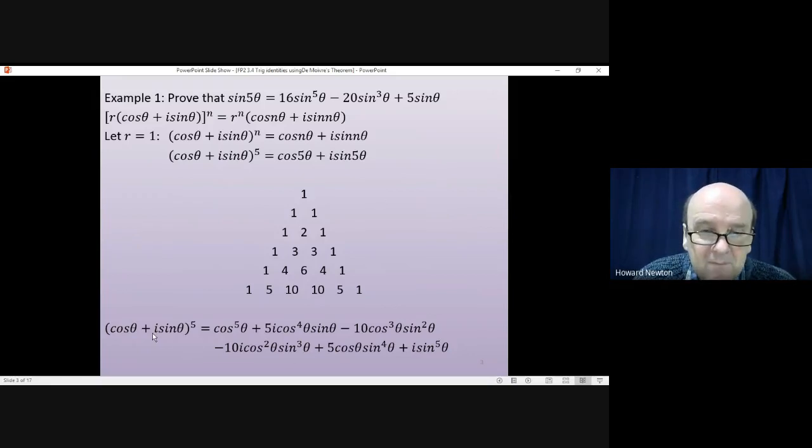So when we have sine squared, for instance, we'll actually have i squared sine squared, which is why we get this minus here, when i squared is minus 1. When we have sine to the 4, we'll actually have i to the power of 4 sine to the 4 theta. And i to the power of 4 is plus 1, which is why this returns to plus here. And for each of the other terms, you do just need to work carefully where i is concerned.